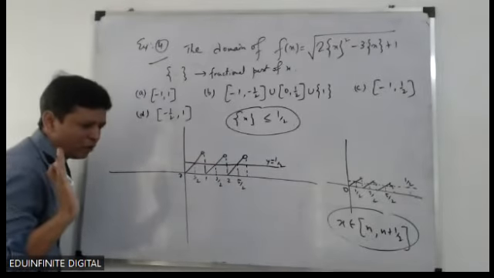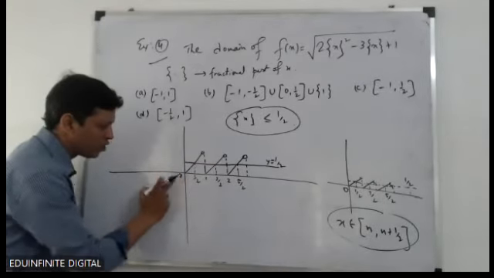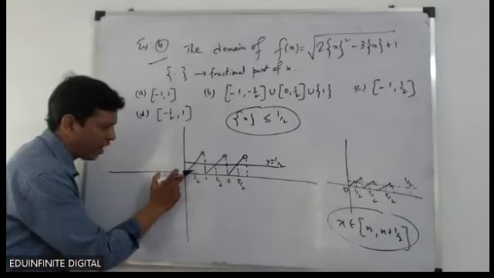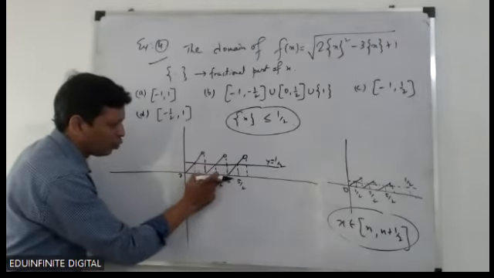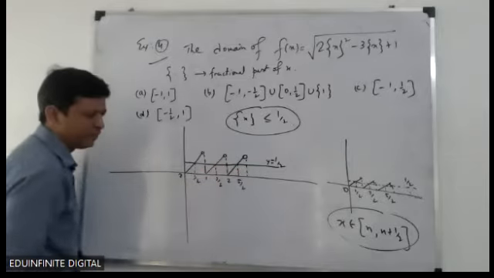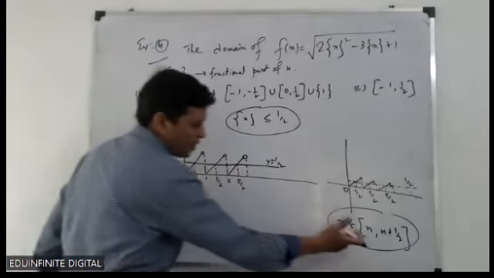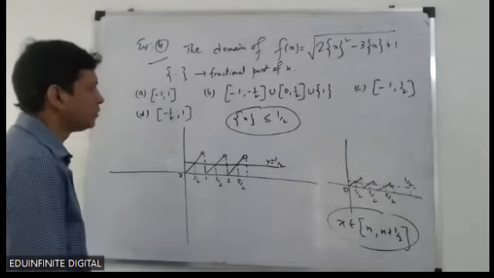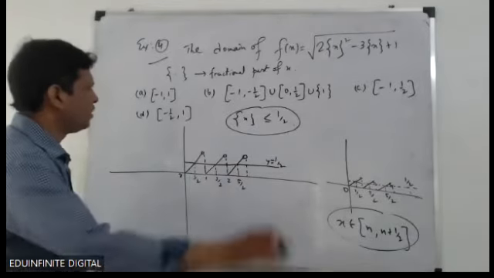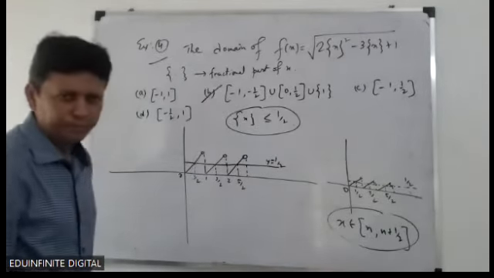Have you understood now? Yes, sir. So you see 0 to half, it is less than half. 1 to 3 by 2, it is less than or equal to half. 2 to 5 by 2, it is less than or equal to half. That is what I was talking about. So basically it belongs to n plus half. Understood, sir. So I think option B.